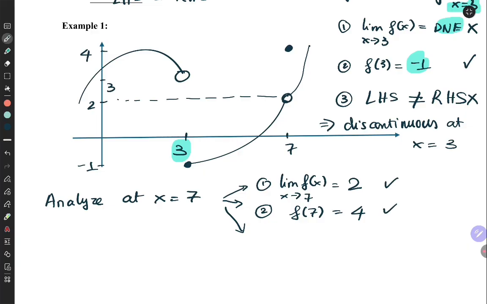That means defined. Third, equal or not equal? Yeah, equal. 2 and 4. Equal or not equal? That means this one. Left hand side, this is the left hand side. Right hand side is this. This is the value of the left hand side right here, right hand side right here. 2 not equal 4. They're not equal.